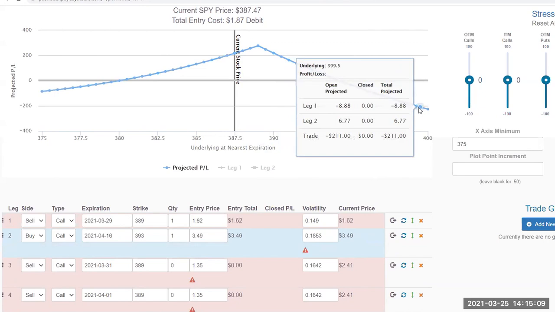So if you end up taking a loss on a trade and you consider it a beating, then you might want to put on a different trade that has less risk, right? As far as defending, I'm not a big fan of that mentality.